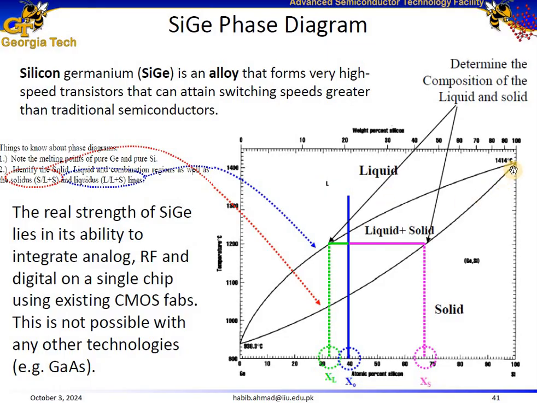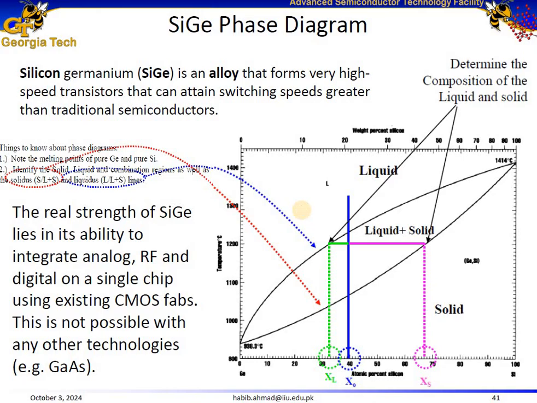The solidus line indicates the temperature below which the alloy is going to be completely solid. Similarly, the liquidus line indicates the temperature above which the alloy is going to be fully liquid.